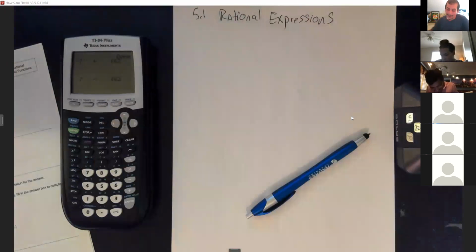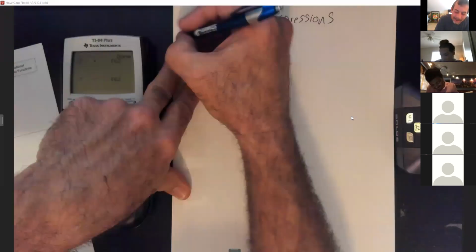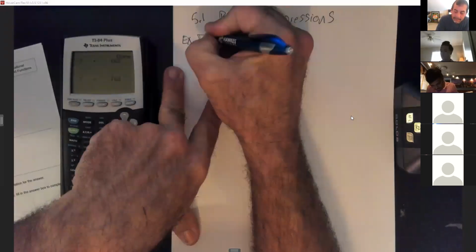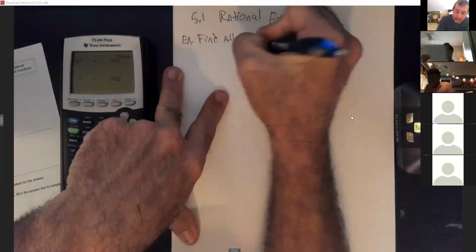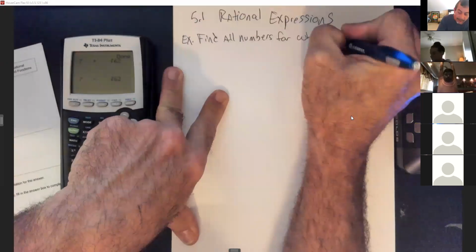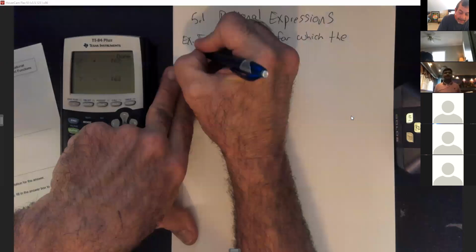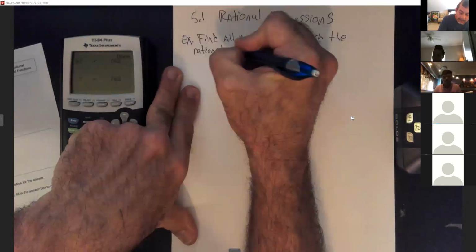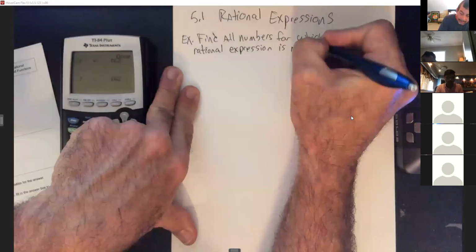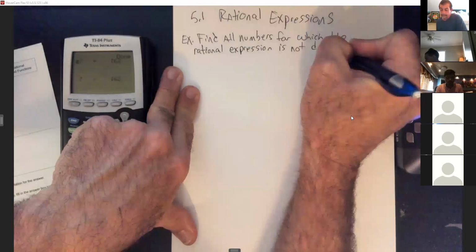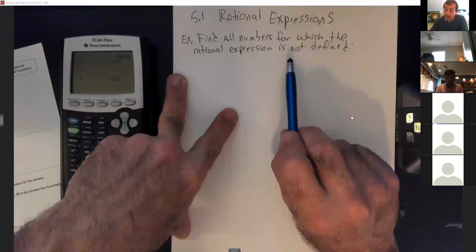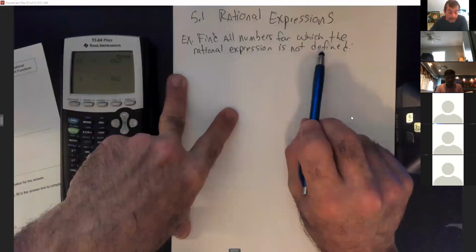Hey, y'all, so 5.1, they start out with questions. They want to find all numbers for which the rational expression is not defined. So to find numbers that make a rational expression undefined is what they're basically talking about.